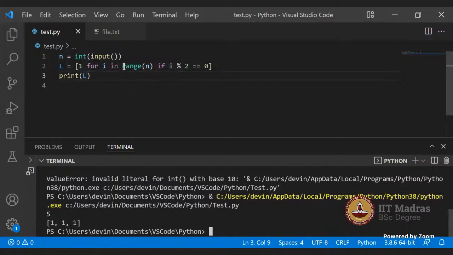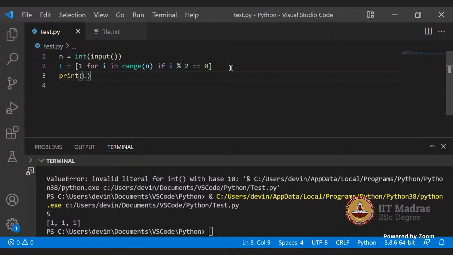Generally it should look for a range of 5, so it should look at all i values, and the list L should have 5 elements. But what happened was it has only 3 elements, because for i in range of n, it will only loop through those i values where i percentage 2 equals 0.